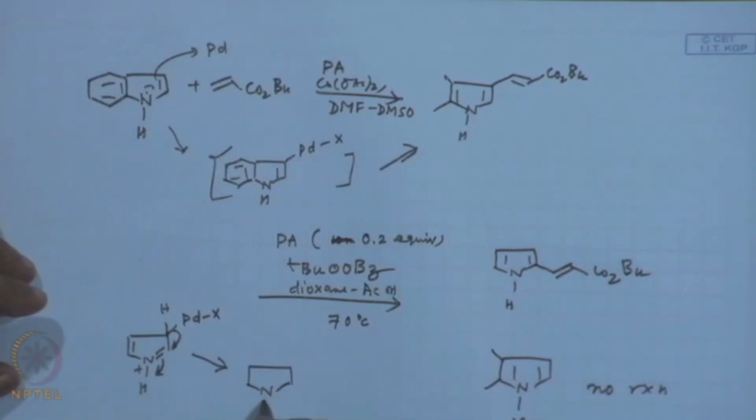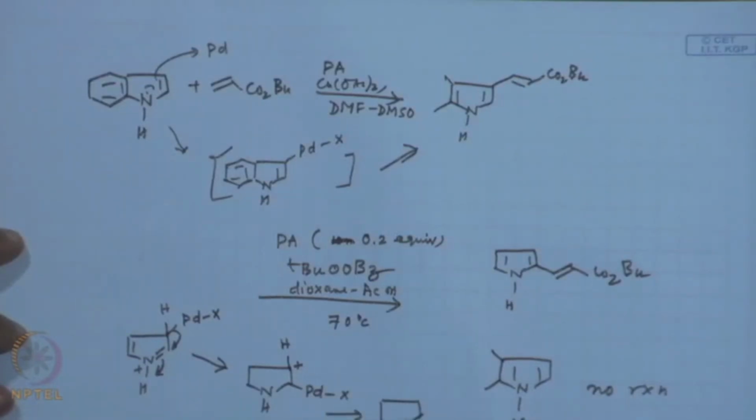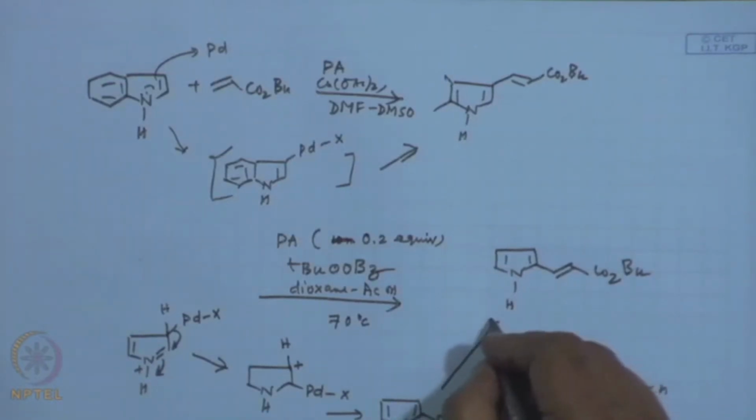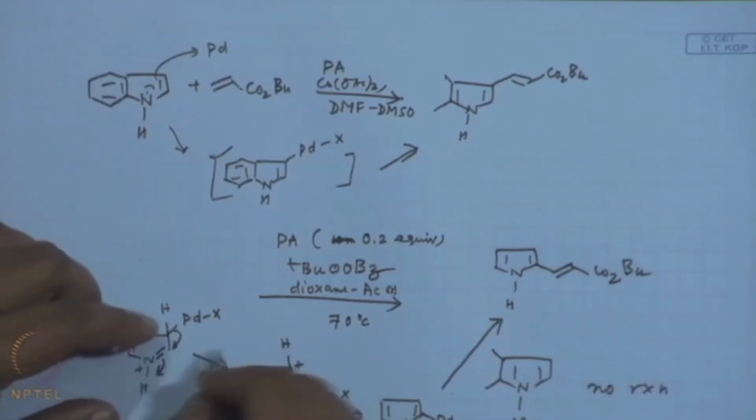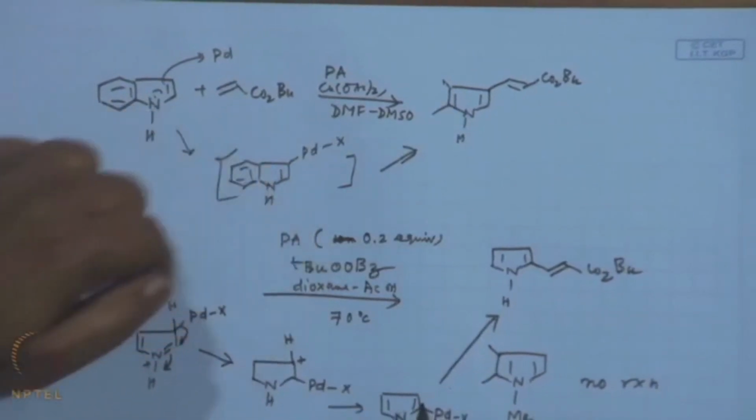So what do you see here, then palladium and X and this hydrogen, and so you will have this, and what next, and this would then, after palladium migration, aromatize, and that could then be the typical Heck kind of reaction. That means you have to have the right oxidizing agent to promote this palladium migration.